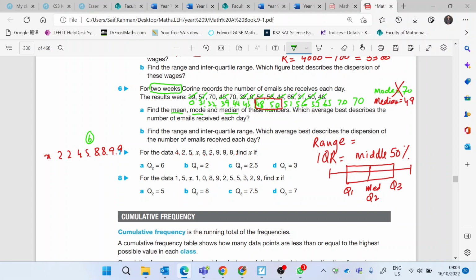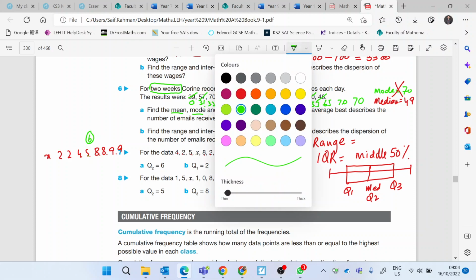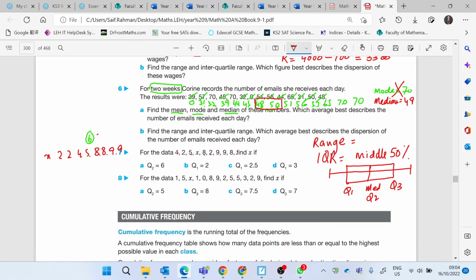That means it is between 5 and 7, so it's between 5 and 7. The next one says Q1 is. So what number should x be? The x should definitely be 7, right? Because if Q2 is 6, it can be only 6 if this x is 7.